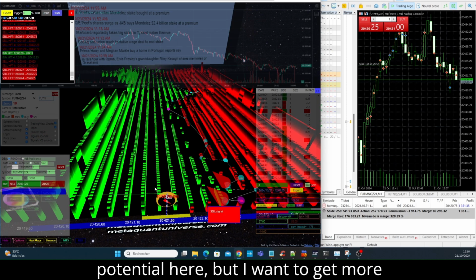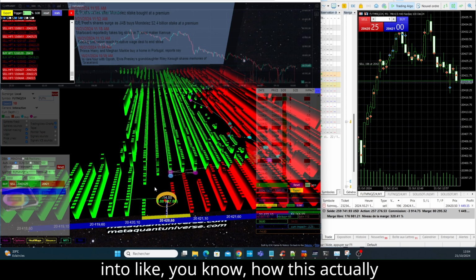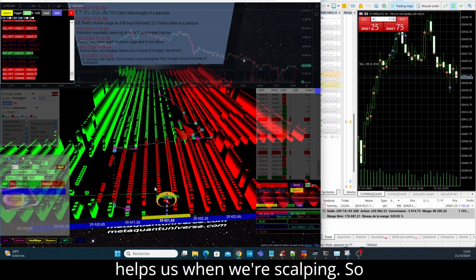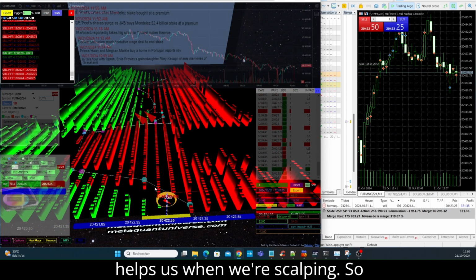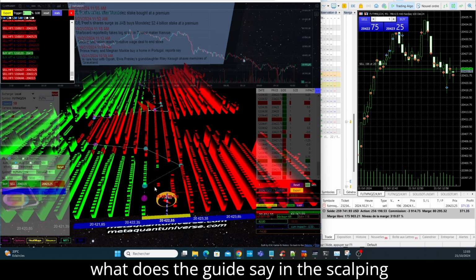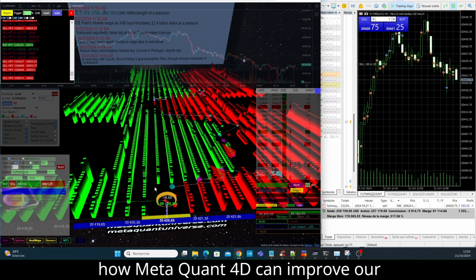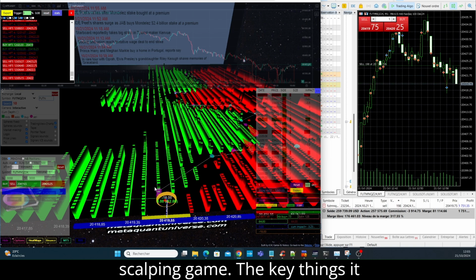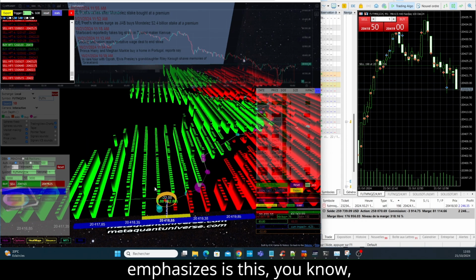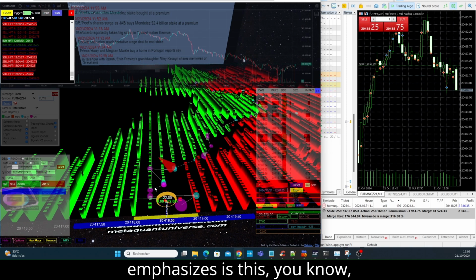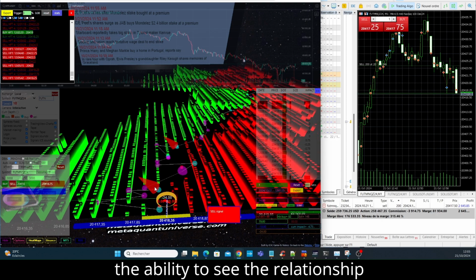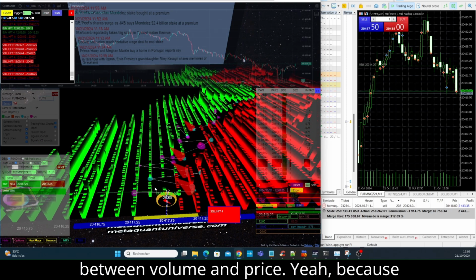Okay, I'm seeing the potential here. But I want to get more into how this actually helps us when we're scalping. So what does the guide say in the scalping and day trading section? That section is great because it really breaks down how MetaQuant 4D can improve our scalping game. One of the key things it emphasizes is the ability to see the relationship between volume and price.